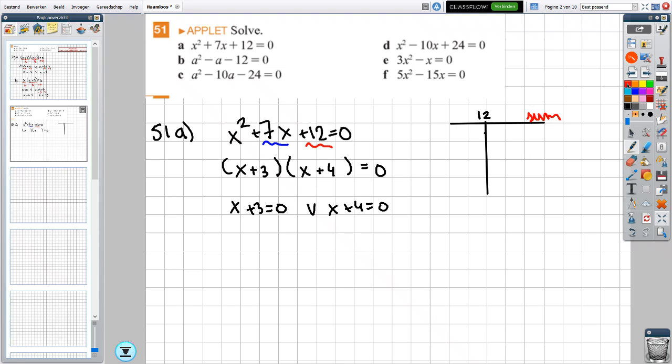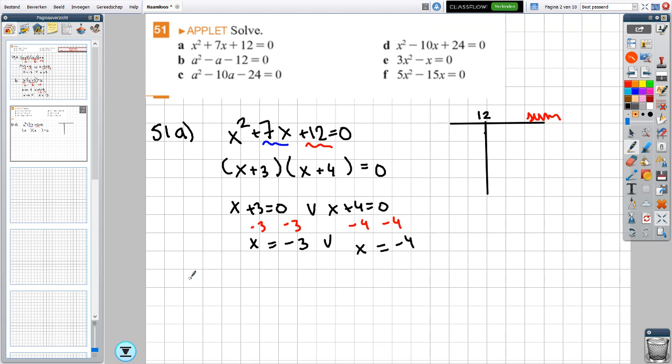And now I will write down one more time, if you use the method that we've learned in chapter 3, if I do something on the left hand side, I should also do it on the right hand side, right? So this will give me x is minus 3 or x is minus 4. And that's your final answer, right? Because we're searching for x. What x can be is going to be your answer. That's what solving is. Okay?